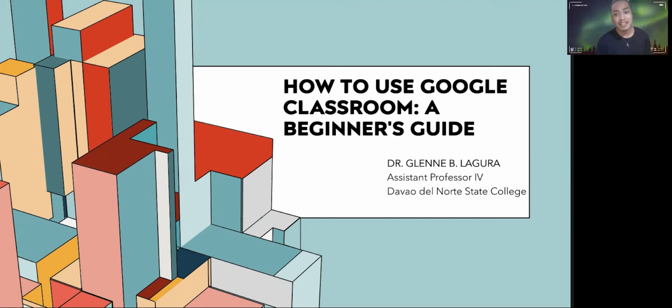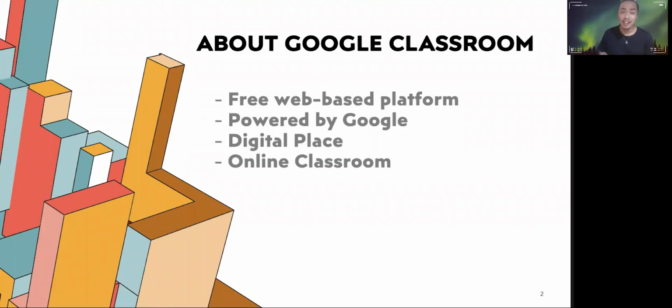Before presenting its basic features, let me discuss first what Google Classroom is all about. Google Classroom is a free blended learning platform developed by Google for educational institutions that aims to simplify creating, distributing, and grading assignments. The primary purpose of Google Classroom is to streamline the process of sharing files between teachers and students.